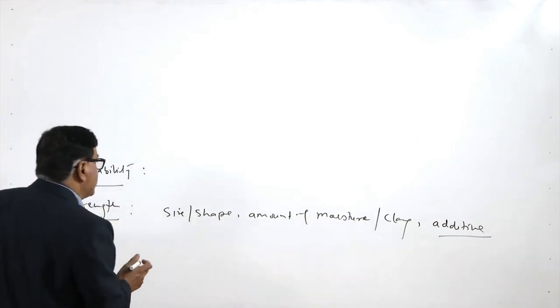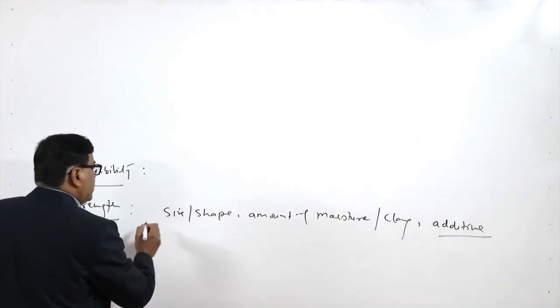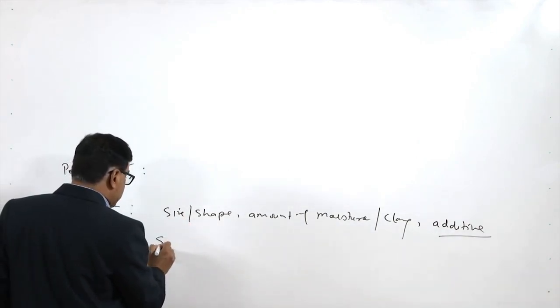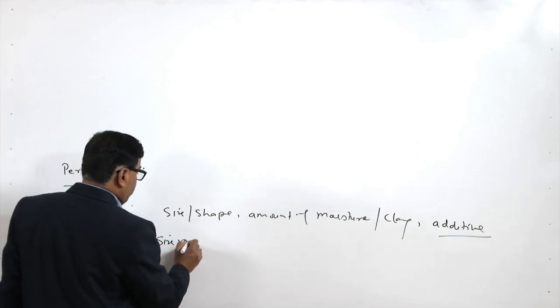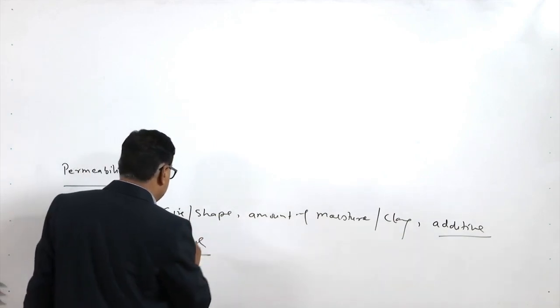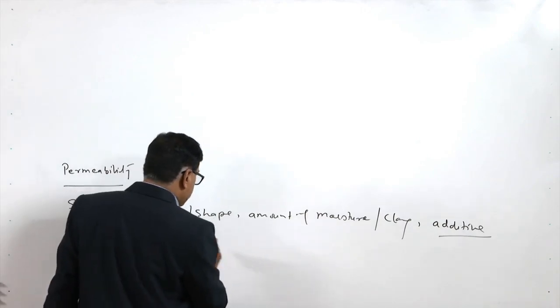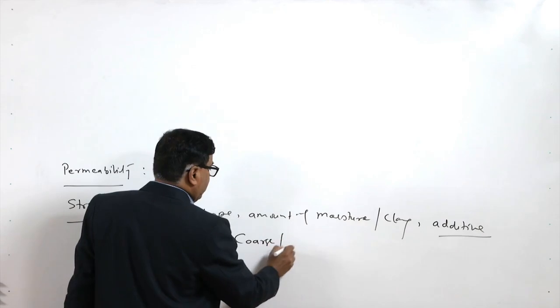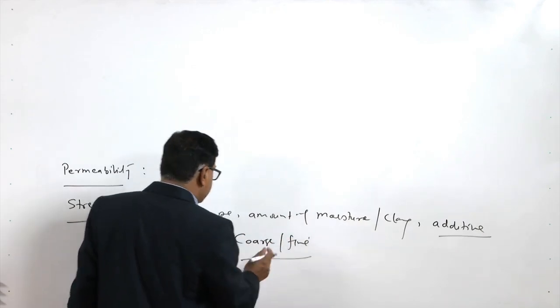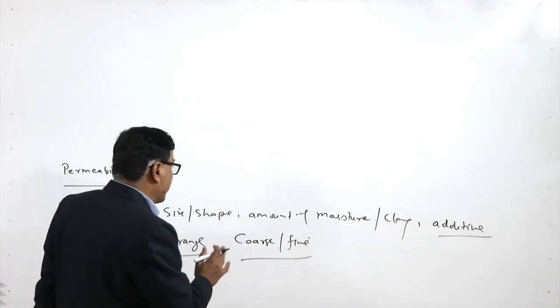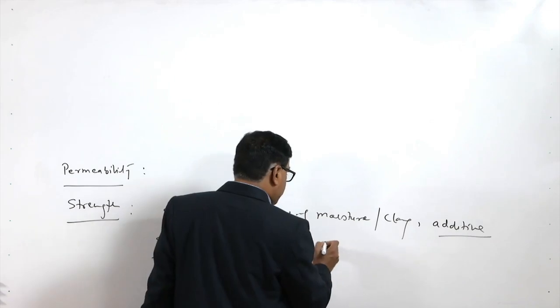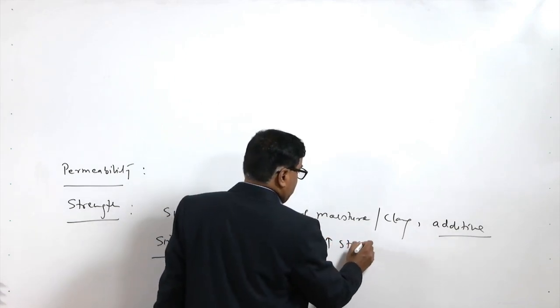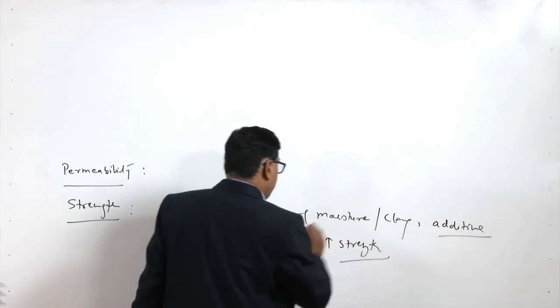Here, the size range is more important in the case of the strength and the permeability as well. So, a combination of good coarse and fine size sand particles results in increased packing, close bonding and so increased strength of the mold.